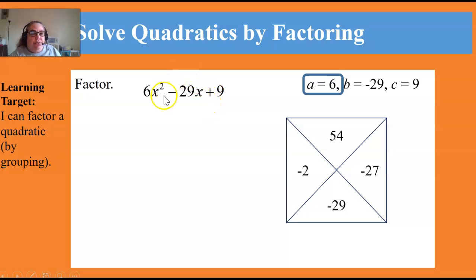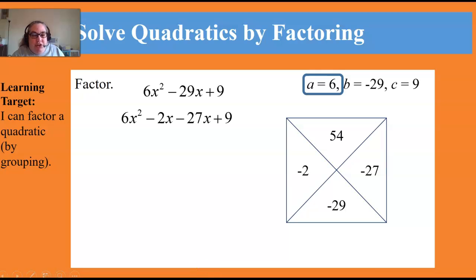So I need to rewrite these 3 terms so that I have 4 terms. I do that by using the negative 2 and the negative 27. Instead of writing negative 29x, I'm going to rewrite it as negative 2x minus 27x. If you were to simplify this, you get back to where we started.